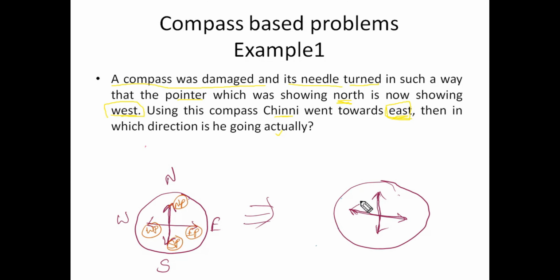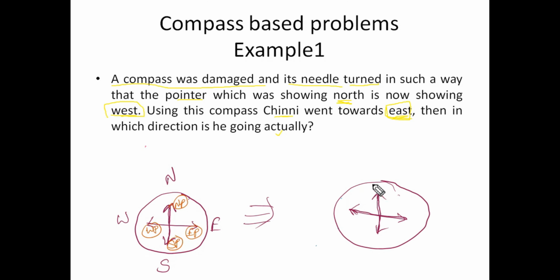Suppose suddenly it fell down. In that situation, the locations of the pointers inside the compass will change. Yes, only pointer locations will change, not the original directions.